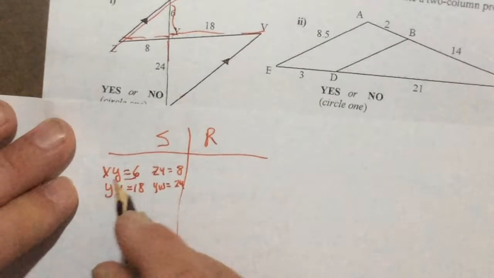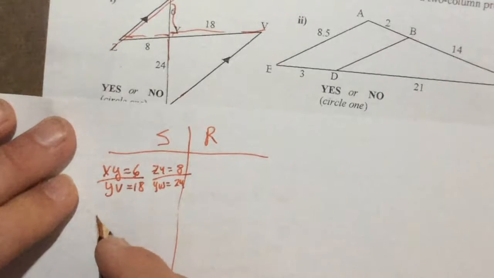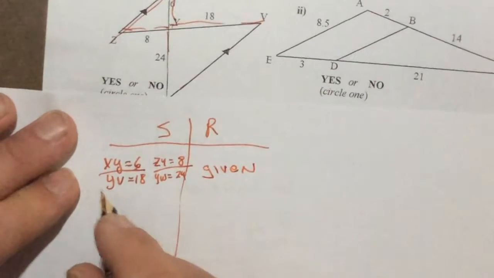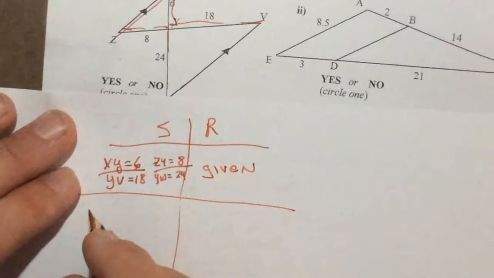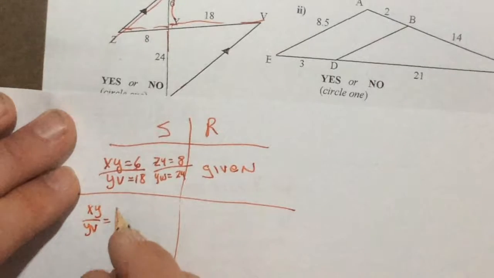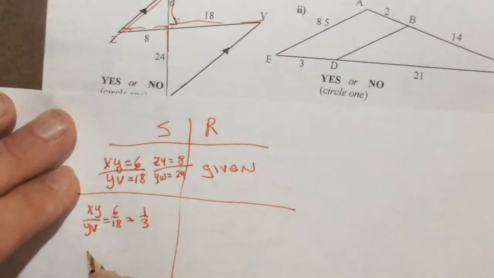If I put these two together and these two together, it turns out, first of all, let's just say this is given. And let's say XY over YV is equal to 6 over 18, which is equal to 1 over 3.